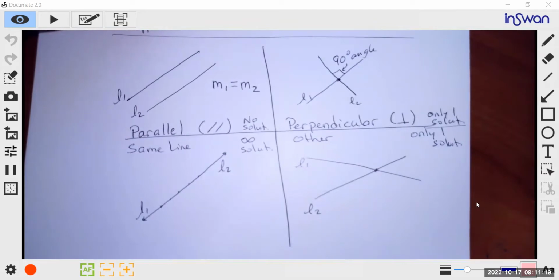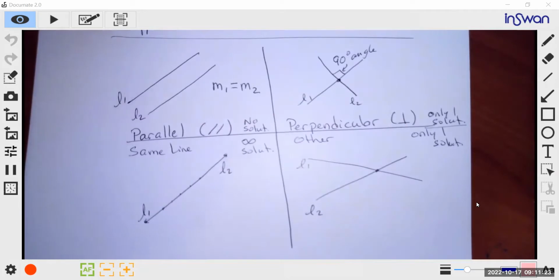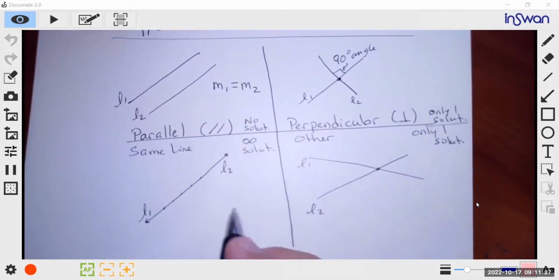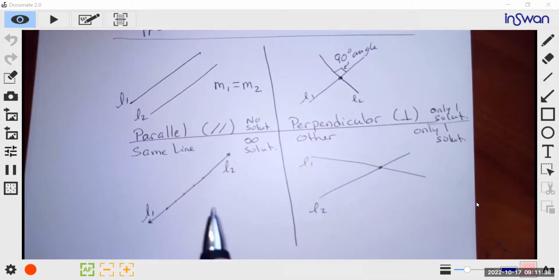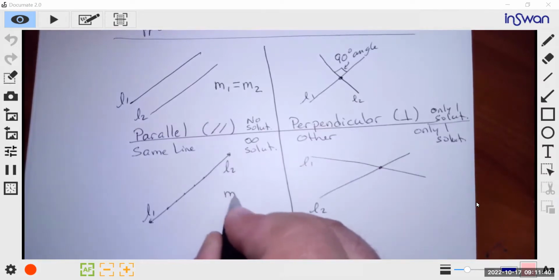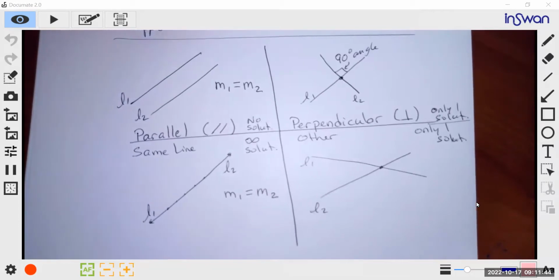So if the slopes are the same, they could be parallel. But what about if they're the same line? What are their slopes? If the two lines are the same, what about their slopes? They also have to be equal. They're the same lines.